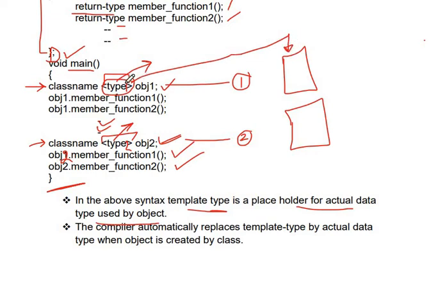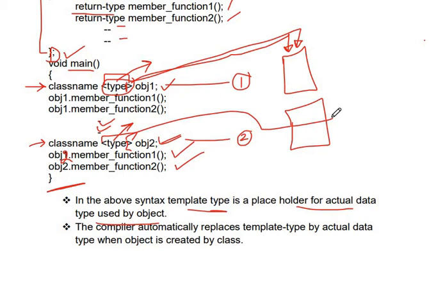If you write float, then this object 1 is used to hold only float data member values. If in the place of type 2 you write double, then this object 2 is used to hold only double data type data members or variables.